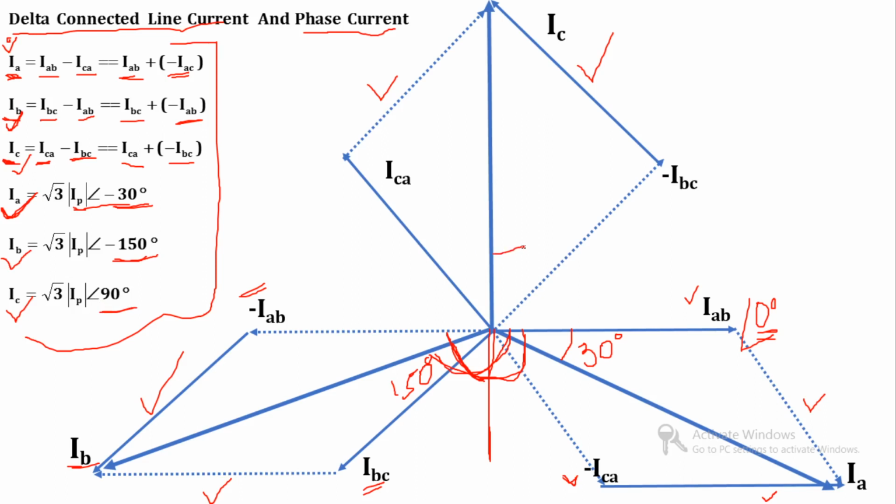You can see that it is perfectly 90 degree with respect to 0 degree. So this is how we can draw the phasor diagram for line current and phase current for delta connection. I hope you understand how to draw the phasor diagram for star connection and delta connection.